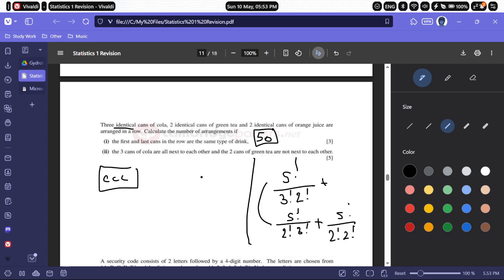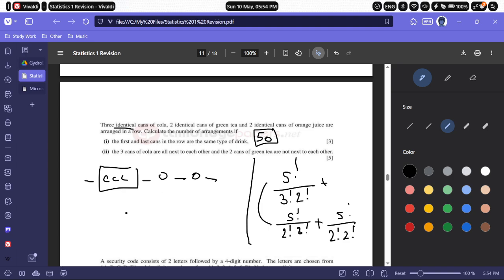Now, you're told that the two cans of green tea are not next to each other. That gives you an idea that you have to use the gap method once again. So where can the cans of green tea basically be? It could be over here in this gap, in this gap. You're left with two O's, right? So you can arrange them like this, and your two green tea cans would go in these remaining gaps.